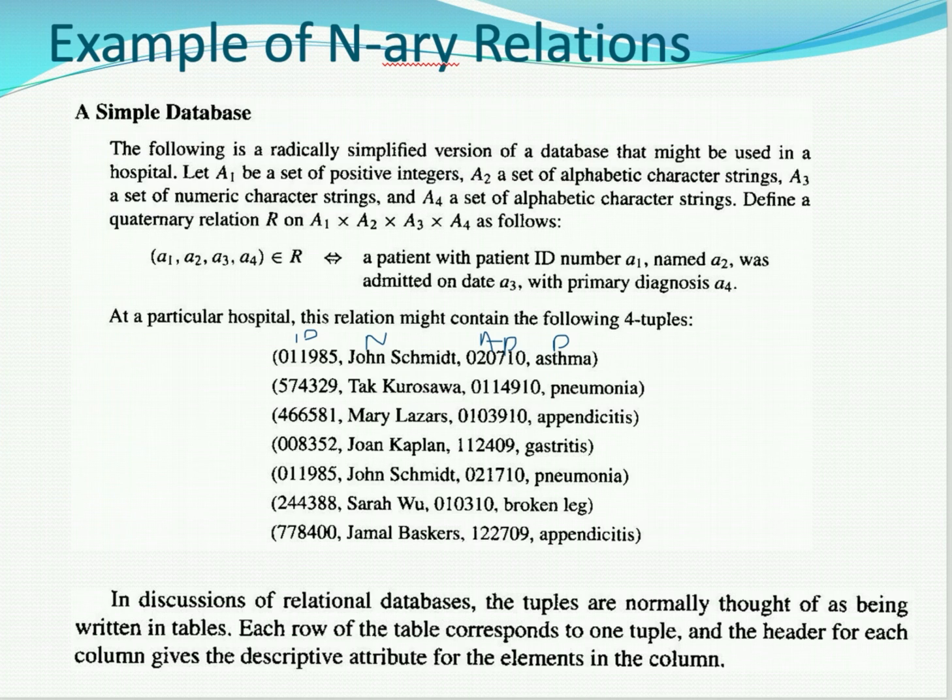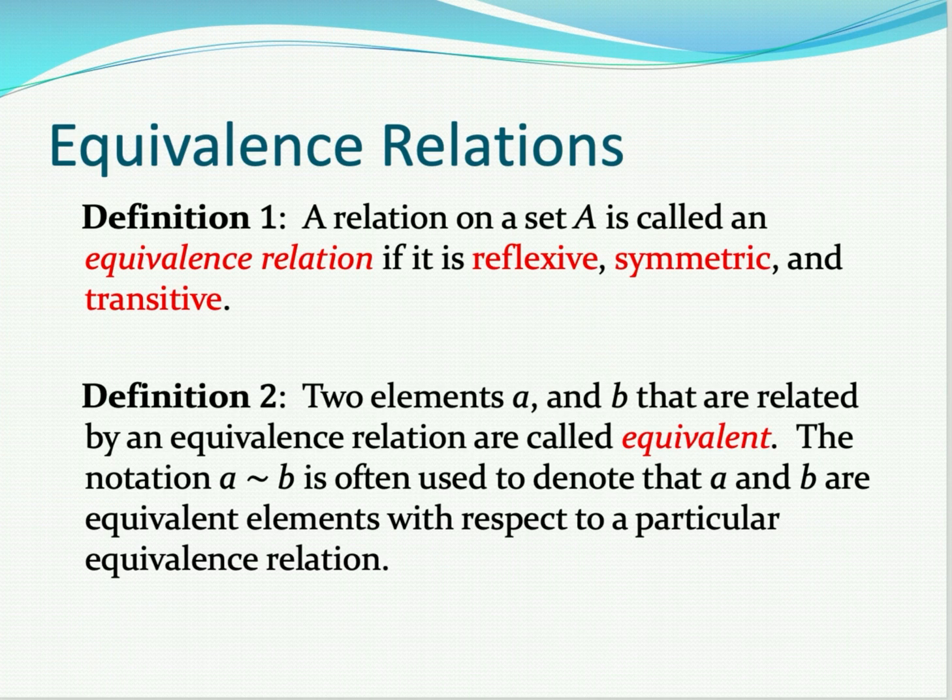Alright, so next we will move into the equivalence relation. For the equivalence relation, a relation on the set A is called an equivalence relation if it is reflexive, symmetric, and transitive. If that particular relation has all these properties, then we call that relation an equivalence relation.